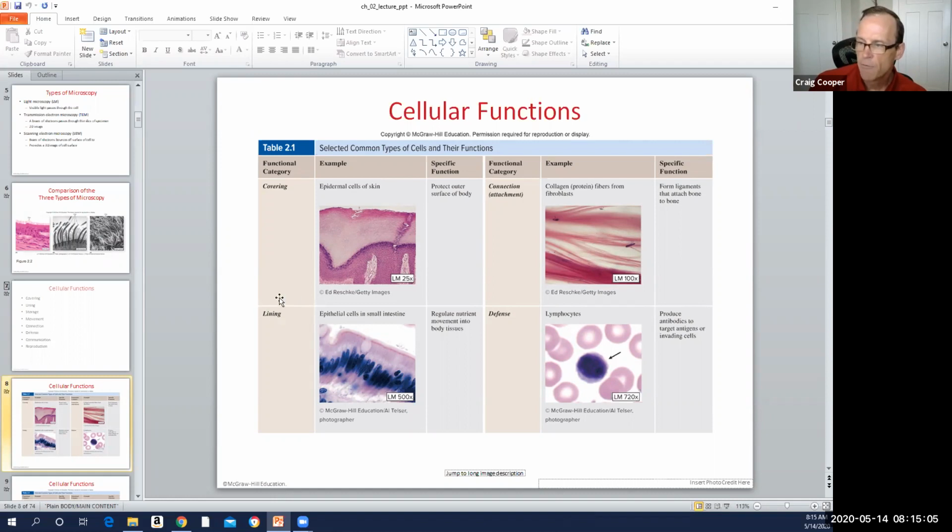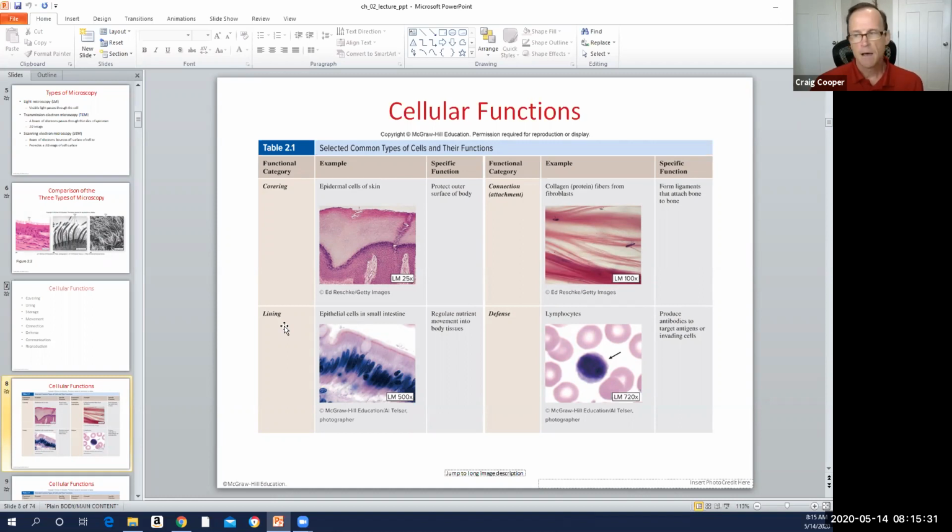Now we've got a lot of cells that line things. If you think about your digestive tract, if we're talking about our intestine, we need to have a lot of different cells that can produce secretions to help lubricate things and protect some of those linings from things like digestive enzymes that might erode them.